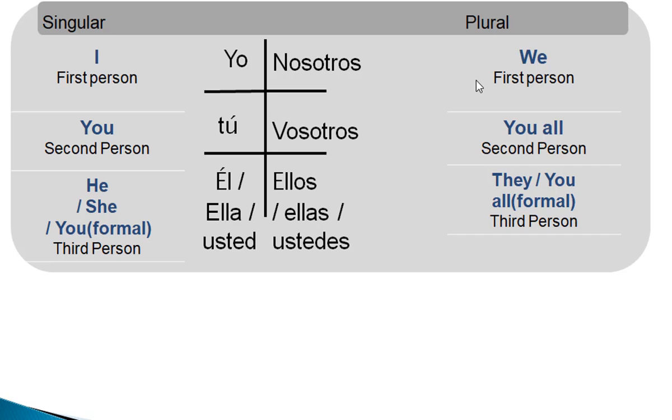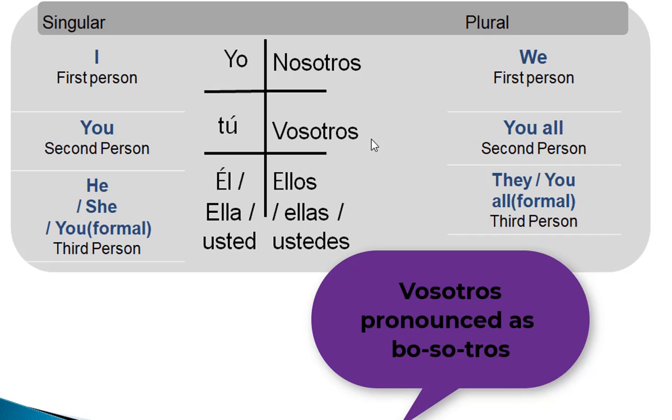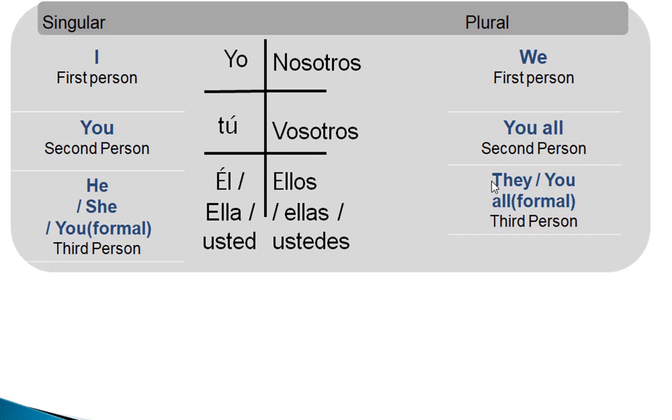Coming on to the plural side, we is nosotros, you all, vosotros. We see a letter V over here, but it sounds like B in English, vosotros. Then they.